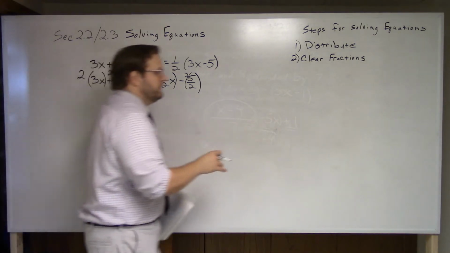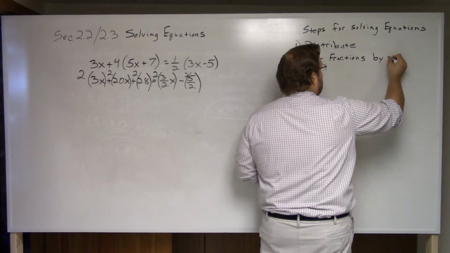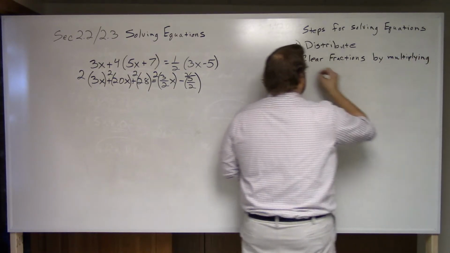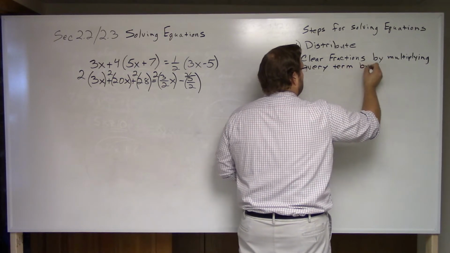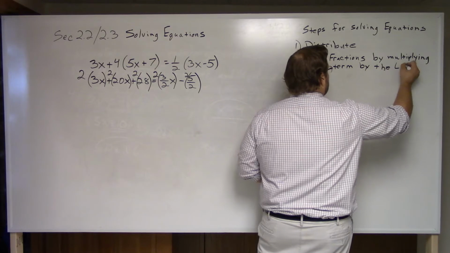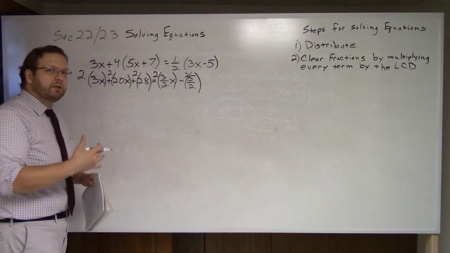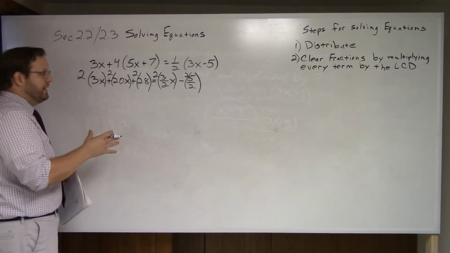So if you want to, give yourself a little added note here. Clear fractions by multiplying every term by the LCD. Okay? Again, why we're doing every term is because we multiply the whole side and then we distribute it.